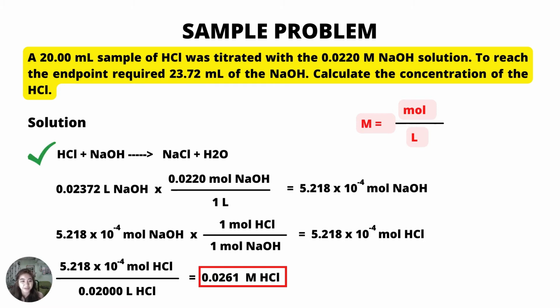So recap, we write the balanced equation, we find the moles of known solution, you use the mole ratio to find the moles of unknown solution, and last, we solve the concentration of the standard solution. That's great. Congrats. A big clap to yourself and myself for explaining it, for sharing it to you.